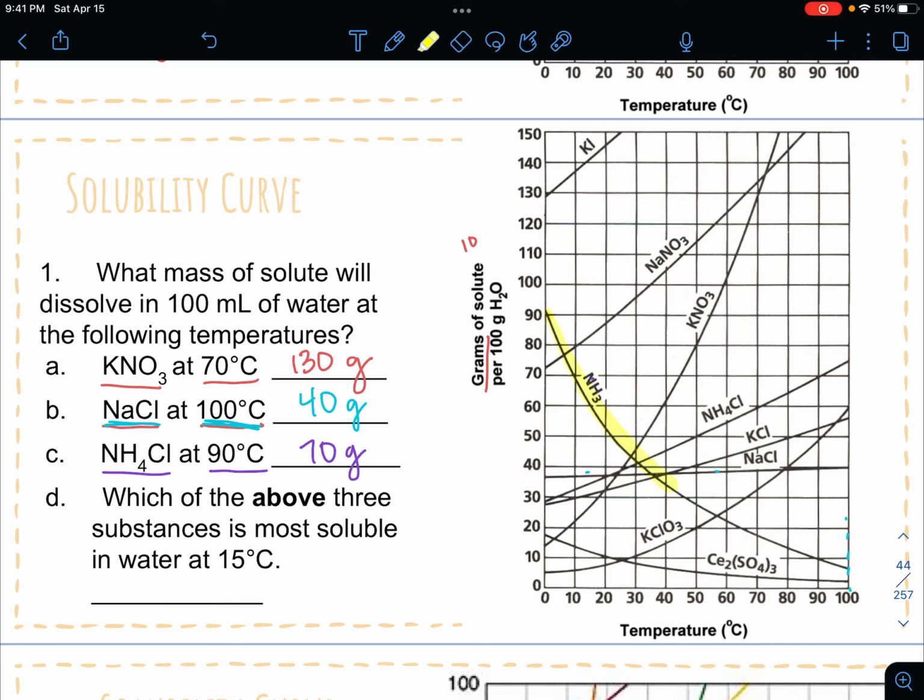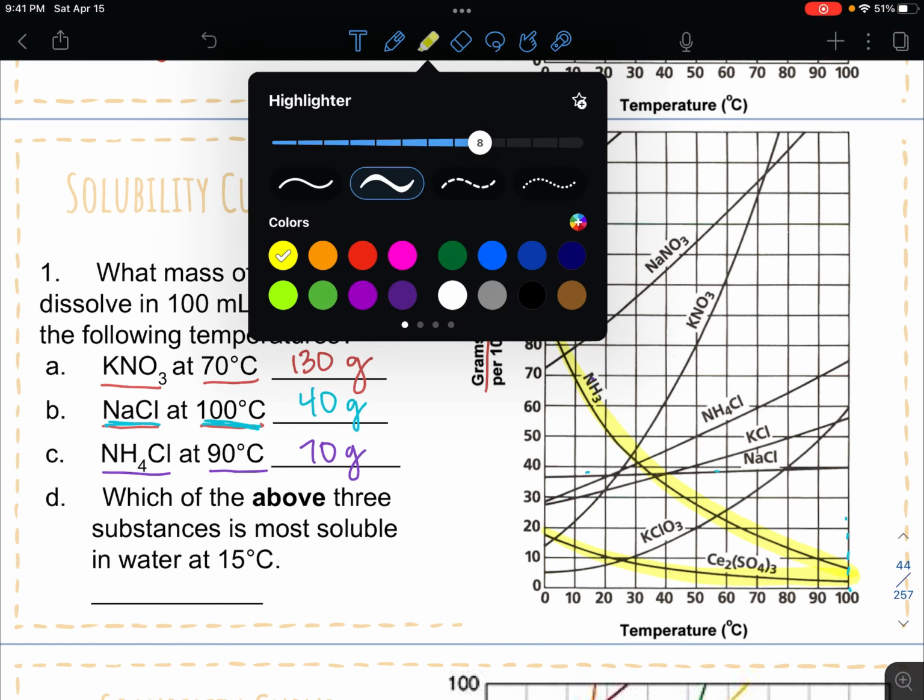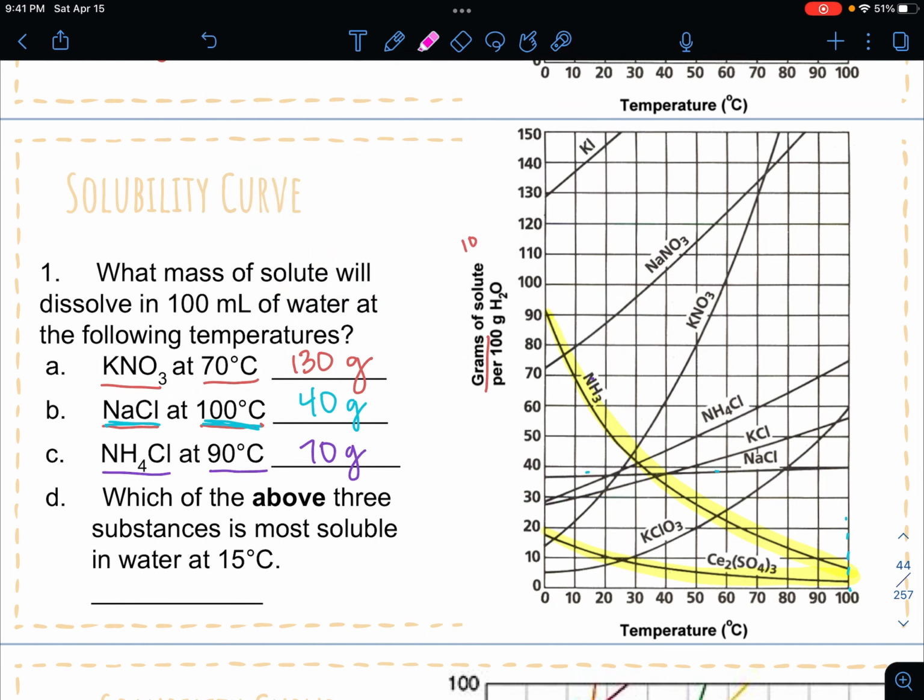This line is going down and this line is going down. Pretty much every other line, almost all of them, are going upwards. Even some of them, they might not be going up very much, but they are increasing.